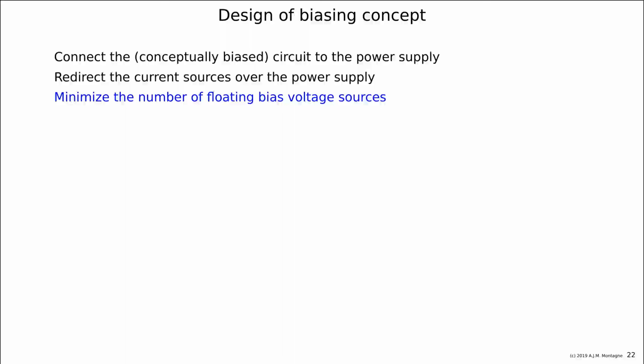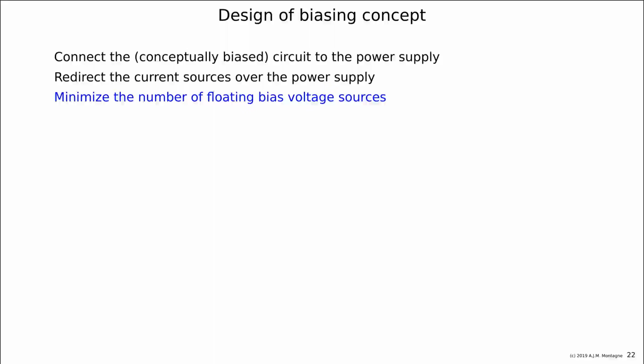Then we are going to minimize the number of floating bias voltage sources. There's a reason for that. A floating bias voltage source is a thing that should have a low impedance and that can have no parasitic impedances to the signal path, which means to the power supply. And this is very hard to realize. Everything we will make on a chip, for example, has a parasitic capacitance to the substrate.